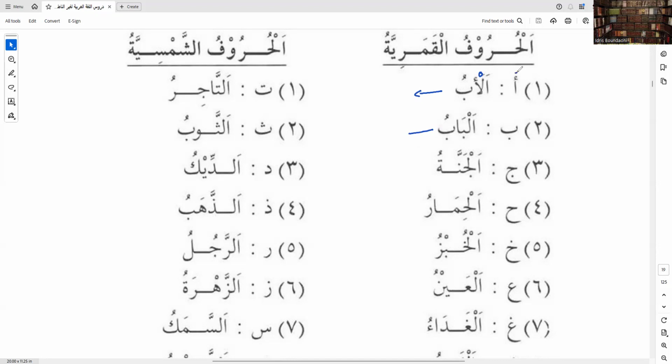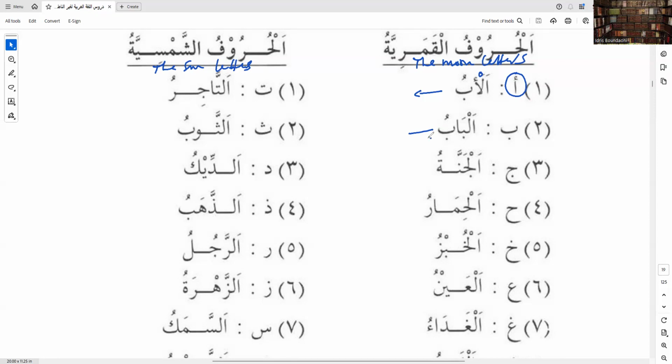So this is telling you that these are the moon letters, huruf qamariya, here, and the sun letters on the left side. So al-abu, al-babu. It's telling you that ba is what? A moon letter. An example, al-babu.